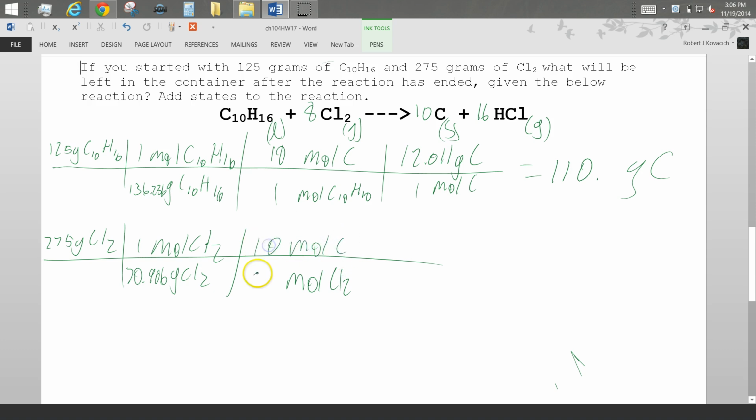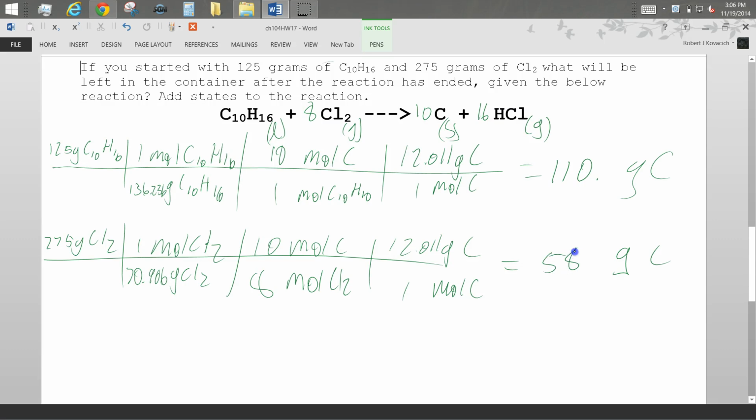And it's a 10 to 8 ratio. And then moles of carbon to 12.011 grams of carbon. And then that's grams of carbon. So 275 times 10 times 12.011 divided by 8 divided by 70.906.